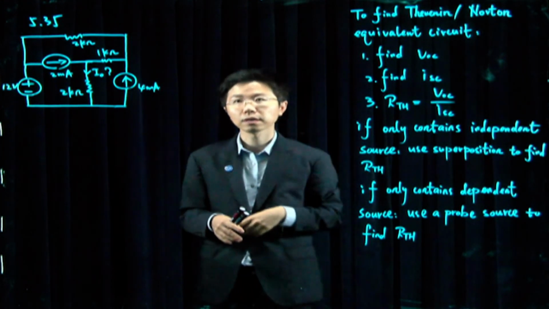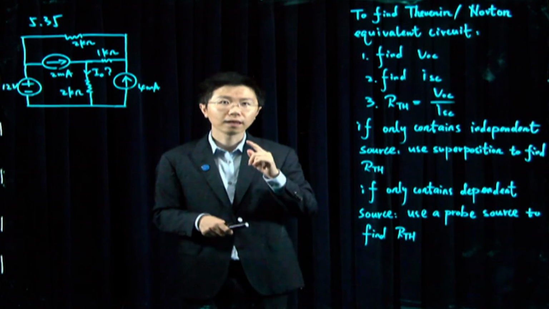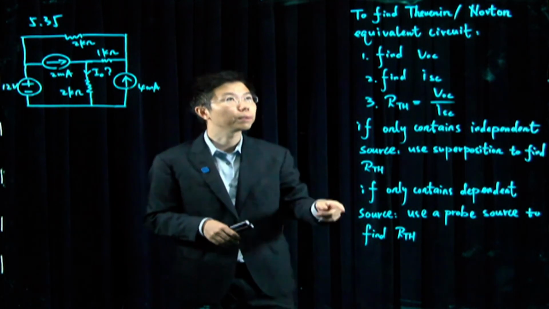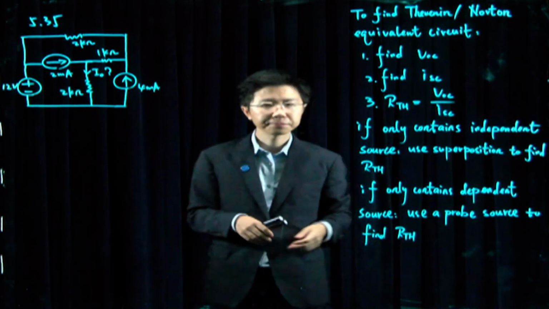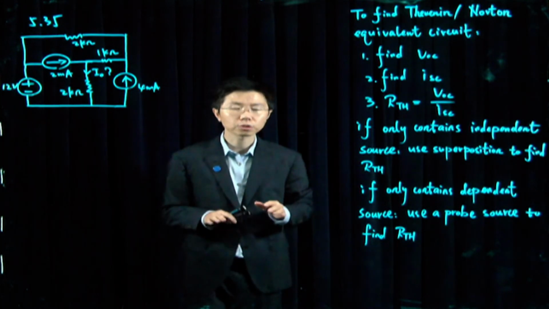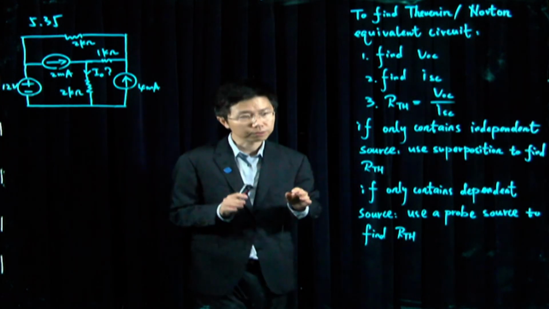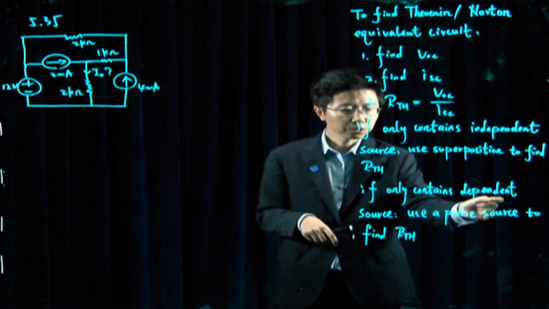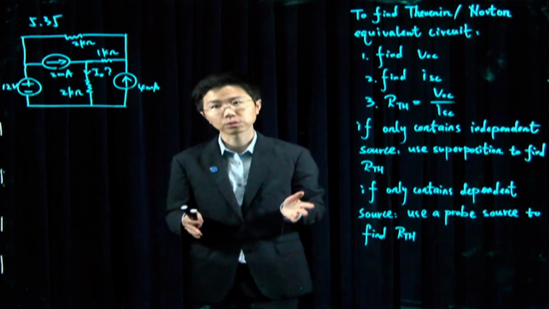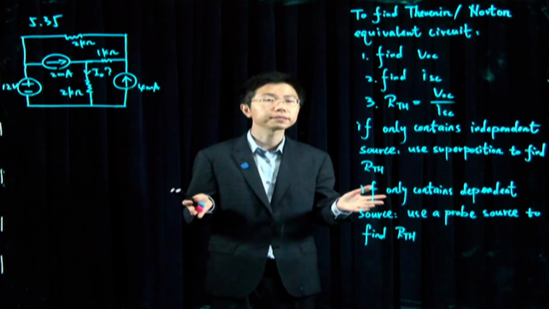The second note is that there are some complexities when the circuit only contains dependent sources. When the circuit only contains dependent sources, there's no energy being supplied.